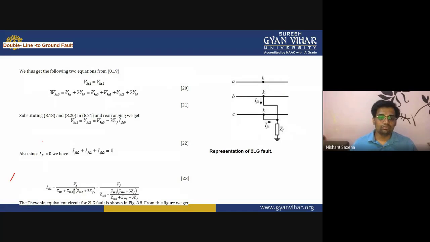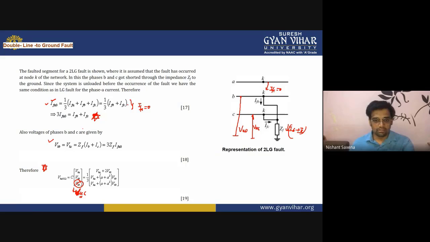So therefore, we can say that VKA1 equals VKA2 from the previous equation. Look at this. This is your VKA1, and this is your VKA2. These two are equal.